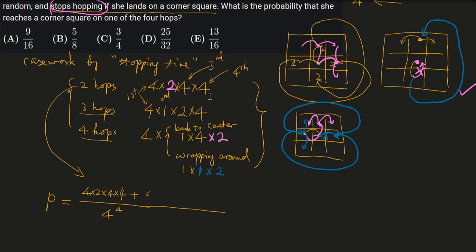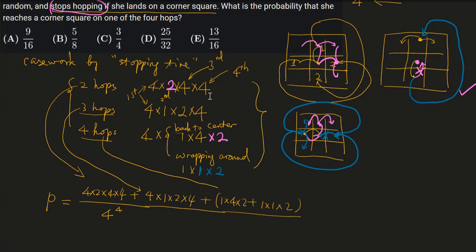And the second case is 4 times 1 times 2 times 4. That's the second case. And then plus the third case. For the third case, we have 2 subcases. One is 1 times 4 times 2. And the other is 1 times 1 times 2. So this is from the third case.